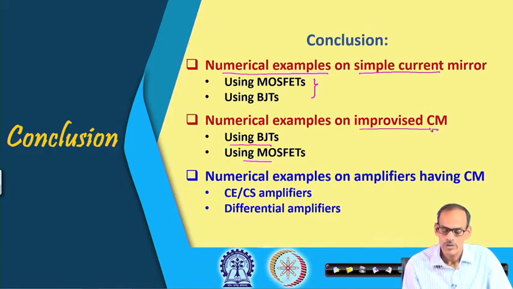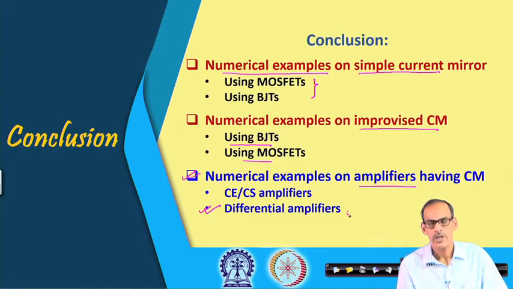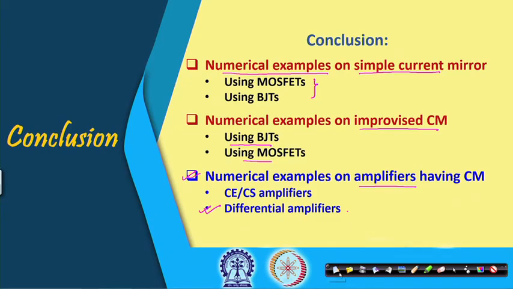Then we talked about different numerical examples on amplifiers, starting with common emitter and common source amplifiers having a current mirror as their load. Then we talked about differential amplifiers implemented by BJT as well as MOSFET. There we considered how to calculate the quiescent current of all the transistors, and then we calculated the differential mode gain and common mode gain. I think that is all to share with you. Thank you for listening.